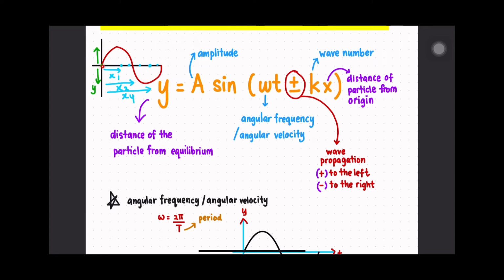So this is the origin. At any position of the particle, the horizontal distance is represented as x. Whereas y is the vertical distance.